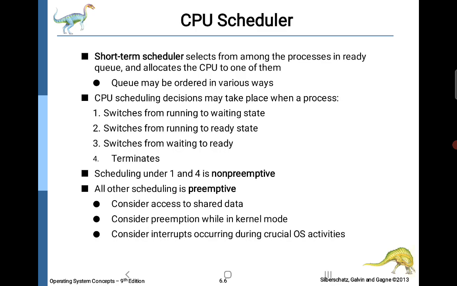What about shared variables? What about preemption while the process is in the kernel mode? And how can I handle interrupts that happen during crucial and critical operating system activities?